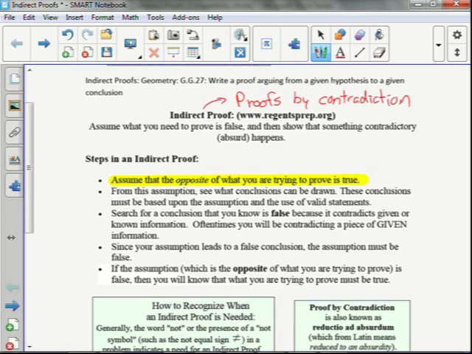See what conclusions can be drawn, and search for a conclusion that you know is false because it contradicts a given or known information. A lot of times it's going to be a given. Then our assumption is going to lead us to a false conclusion. The assumption must be false.